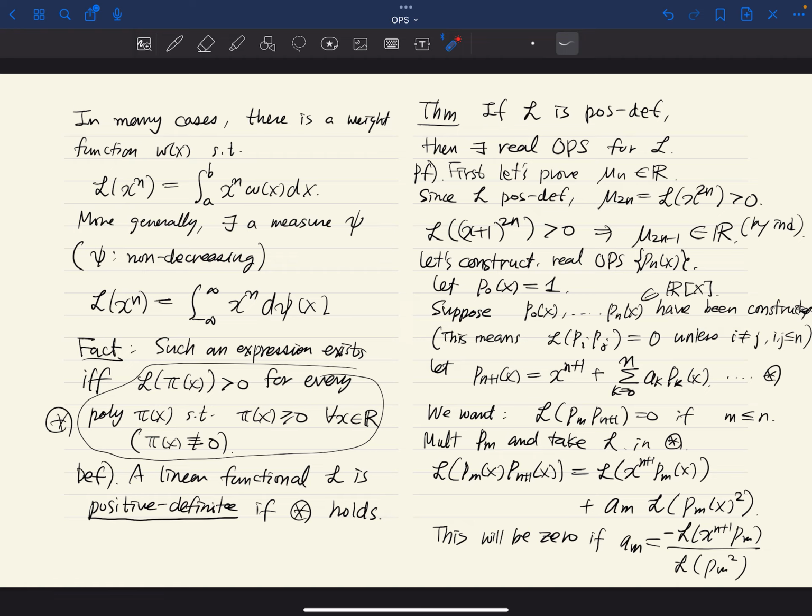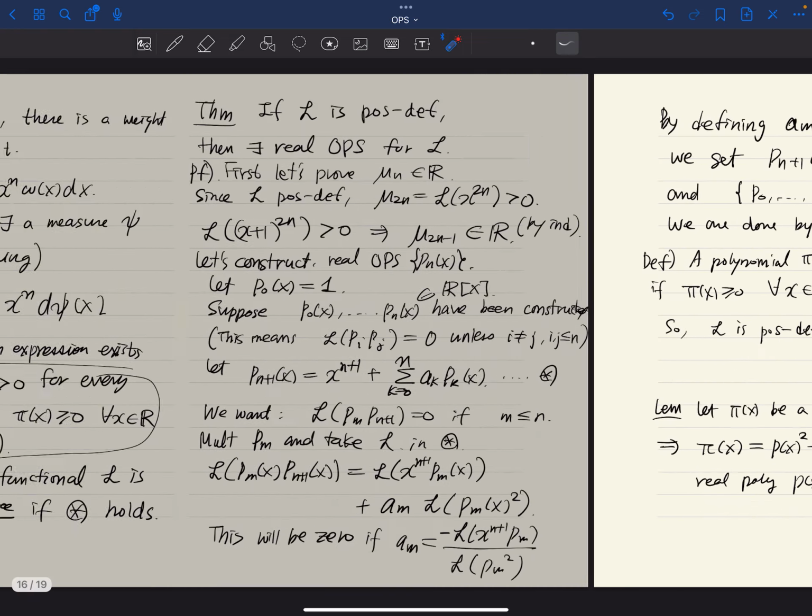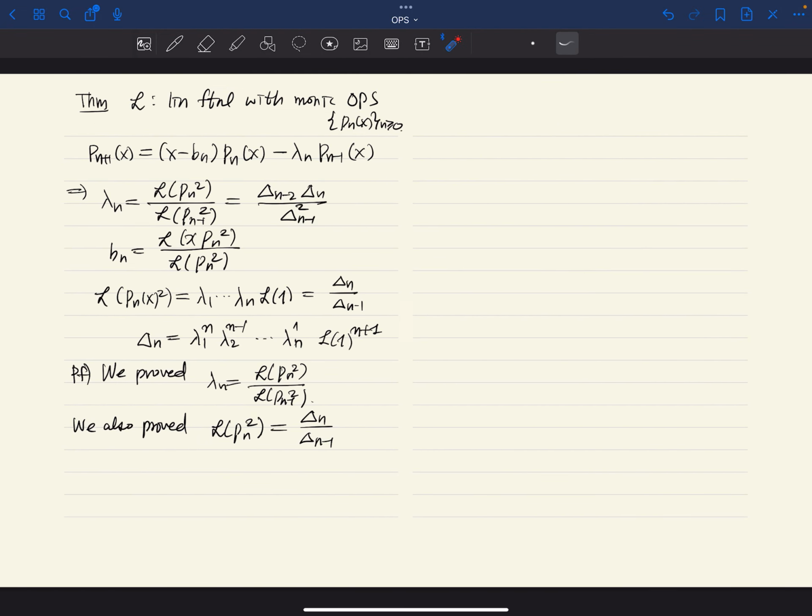So we have basically everything needed, and this will prove this. That's the computation. So this means one holds.